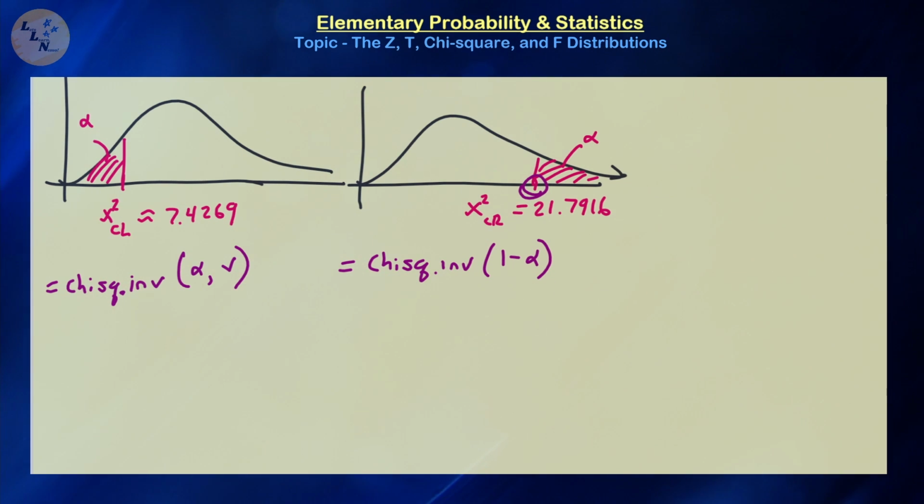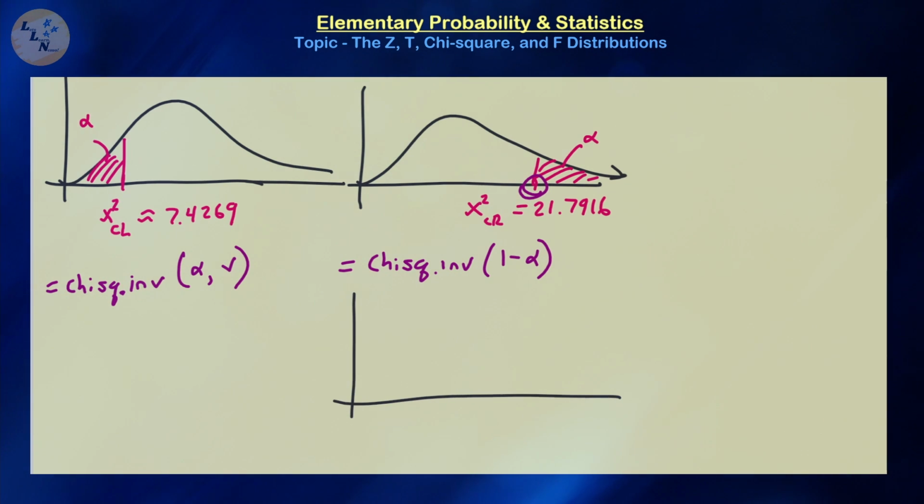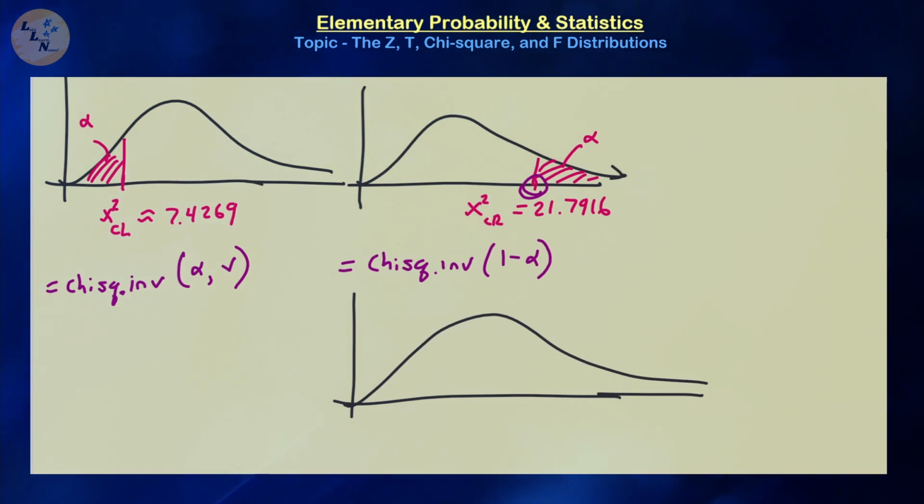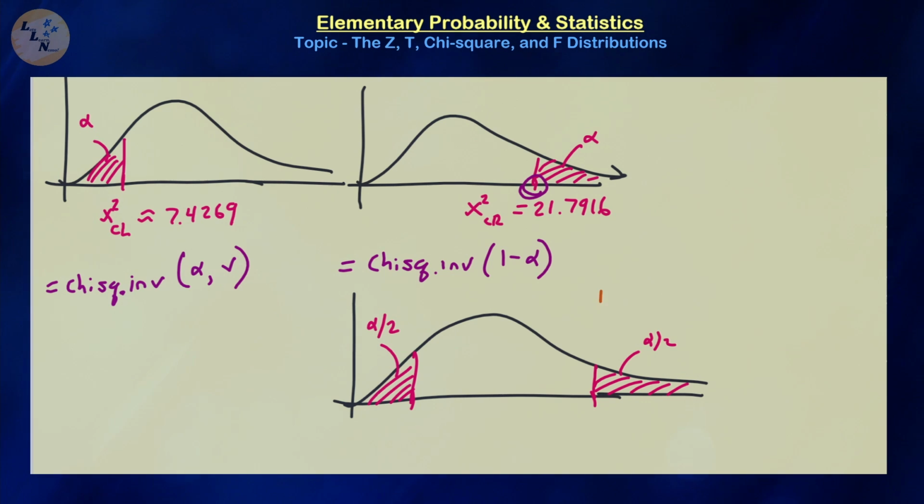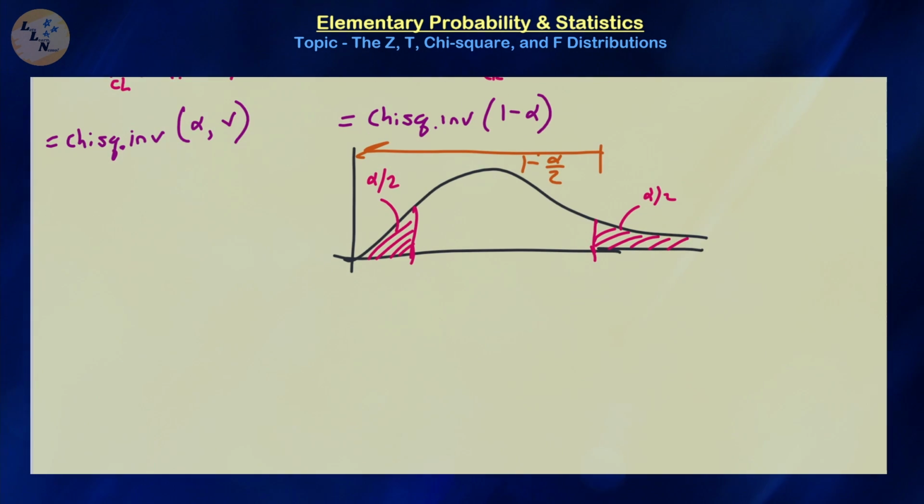And let's draw our last picture, so our two-tailed distribution. So let's assume that we want our alpha equally distributed between the lower tail and the upper tail, meaning that's alpha over 2, that's alpha over 2, and the area to the left is going to be 1 minus alpha over 2. Right? So we're going to have two critical values here.